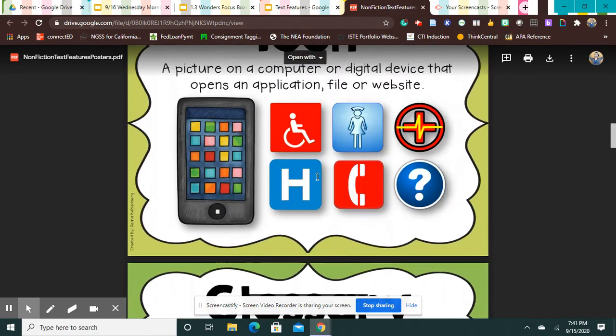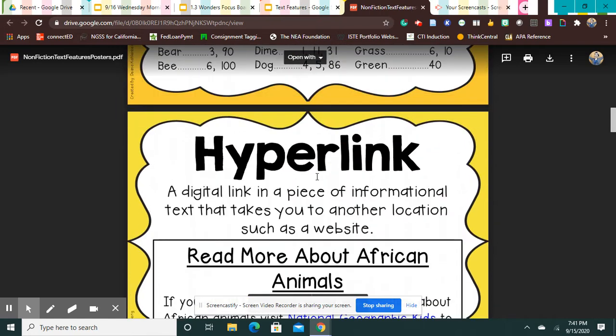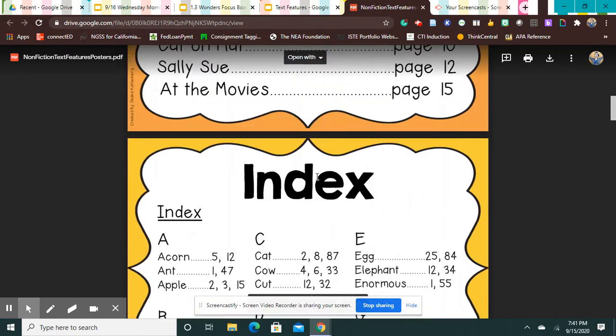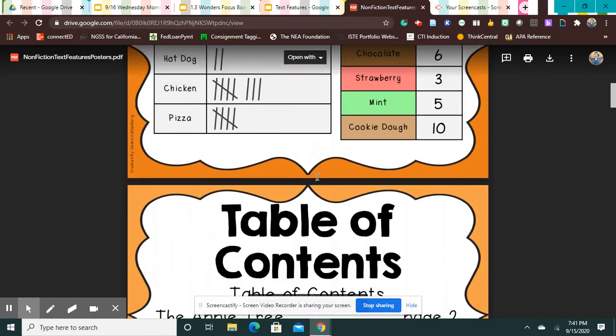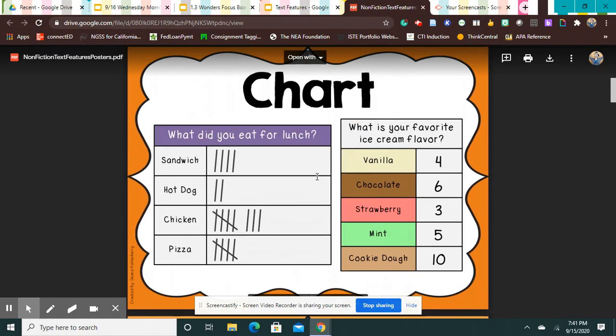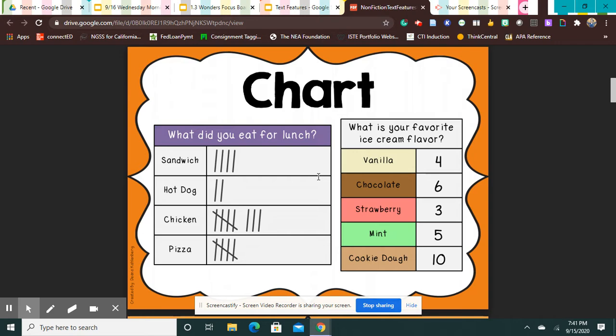I want to go over just a few. There are about 20 on here, but I want to go over just a few. There will be charts or graphs to give you some information. Sometimes you will see numerical information with numbers, nicely organized in a chart to help make that information more understandable.